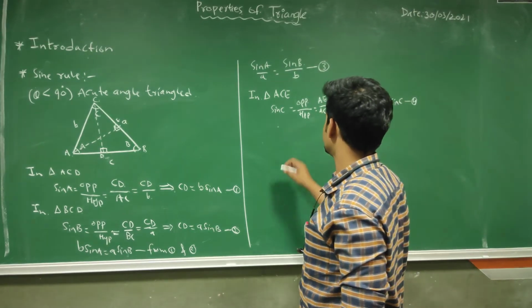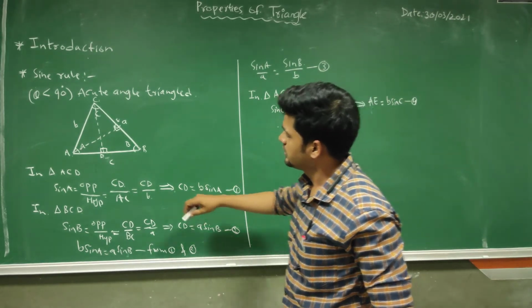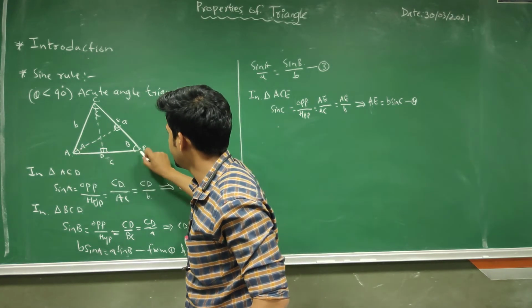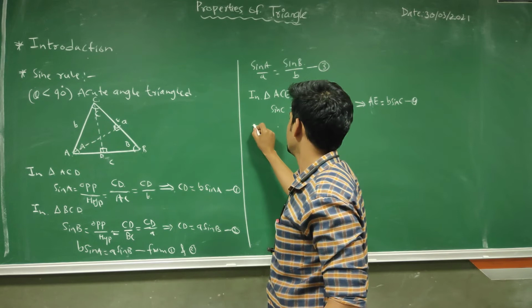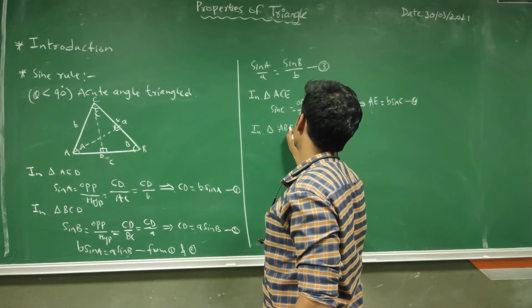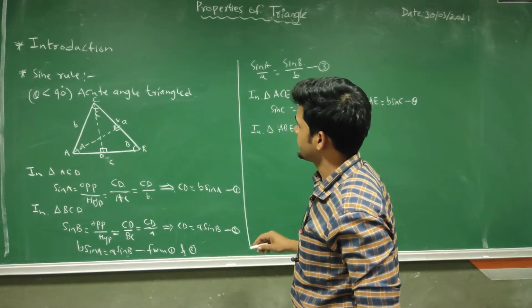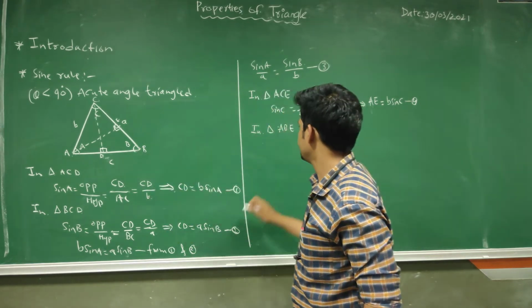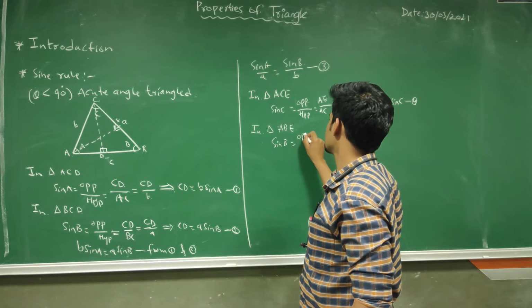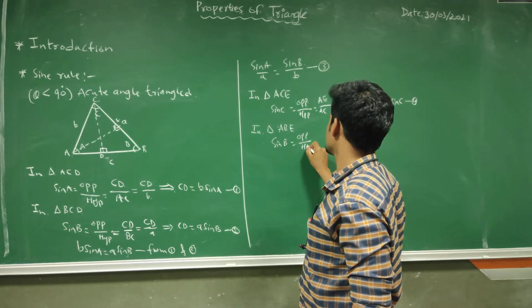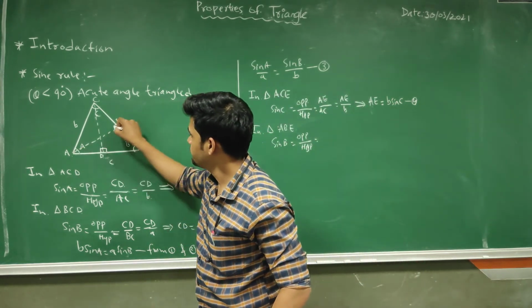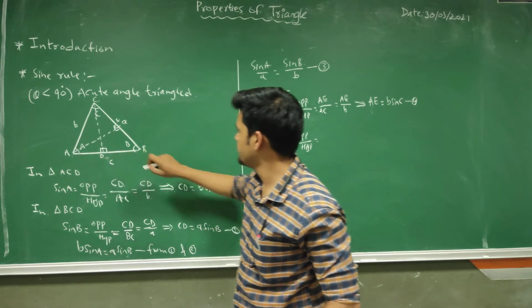Okay, now again, we have the second right angle triangle here, ABE. So in triangle ABE, I can apply sine here, sin B. So sin B is equal to opposite by hypotenuse, and opposite is nothing but AE and hypotenuse is AB.